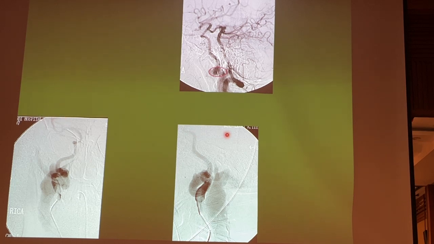Well, we were very good at using detachable balloons, which sadly we don't have for now. I hope that the company will come back with the detachable balloons next year. By the time we were doing this, we saw precisely where the shunt is by putting the catheter in all the possible collateral arteries.